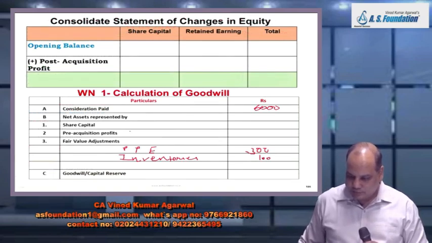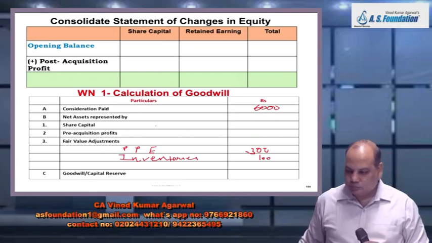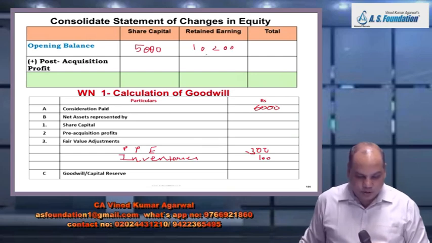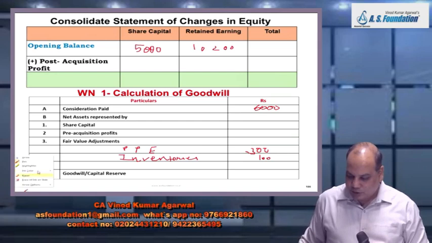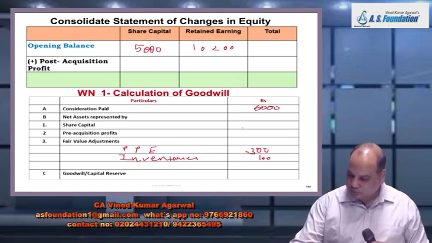Share capital 5,000 and retained earning is 10,200. Then subsidiary share capital, right here share capital 2,000 and 2,300.